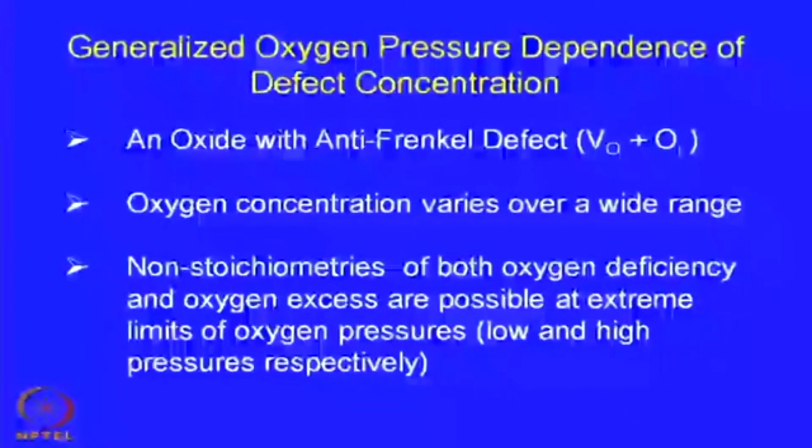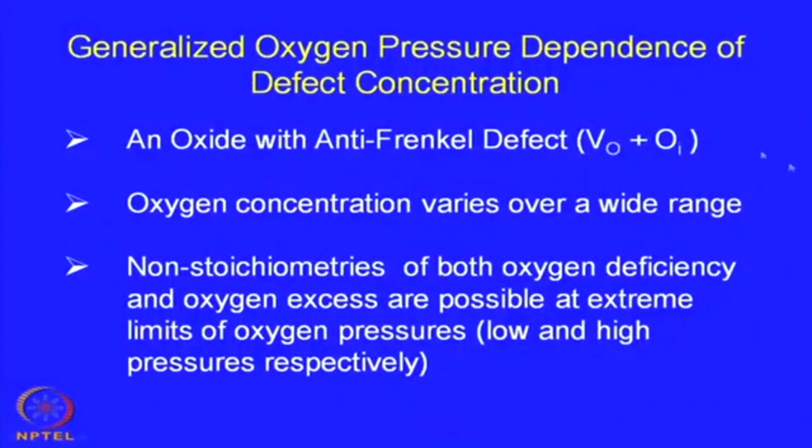Here we are taking a very generalized situation and considering that defects are getting created in a particular oxide, let us say MO once again. The defects are generated only at the oxygen sublattice; the metal sublattice we are not including. So in the oxygen sublattice two types of defects can be created.